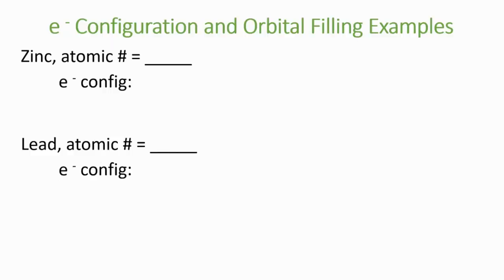So if we're doing zinc, okay, if we take a look at what zinc is on the periodic table, zinc is number 30. So it's going to be everything that argon is, which is number 18.